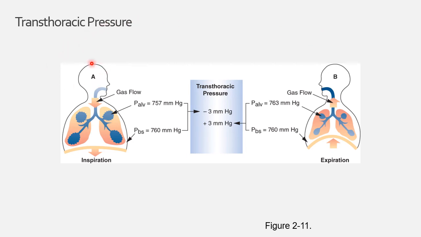In part A, gas flow is going to go in because the alveolar pressure at 755 is less than the body surface pressure. This creates a transthoracic pressure of -3.